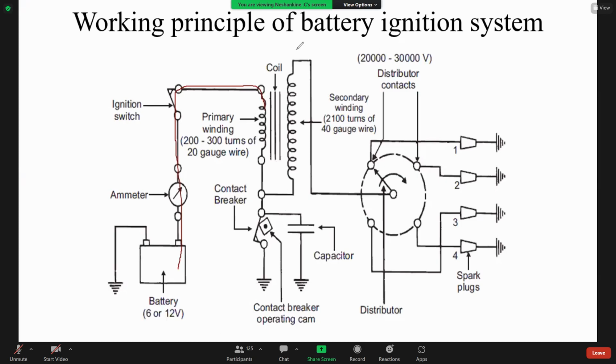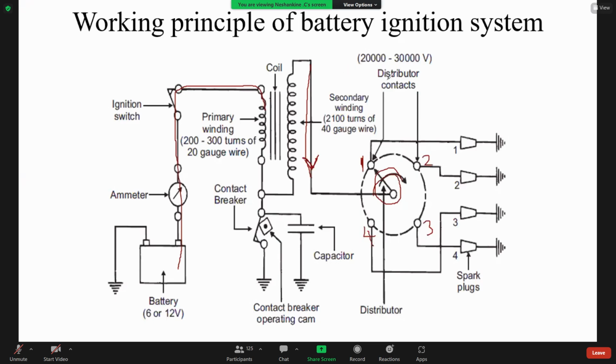That high voltage passes through this circuit, then comes to the distributor. Then if the distributor contacts number 1, assume this one is number 1, this one number 2, 3, 4, we have 4 spark plugs.